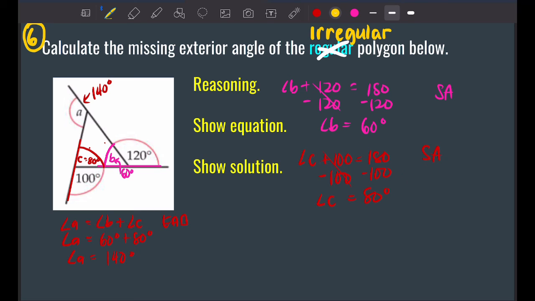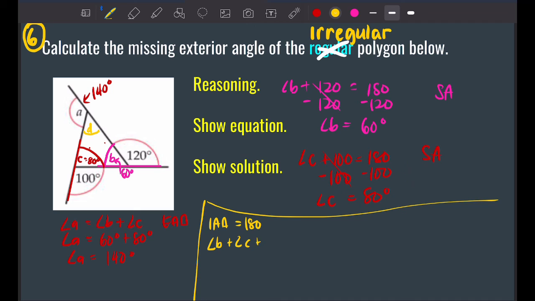Or I can use a second way. I can use the internal angle of a triangle equals 180. Let's name this angle D. That means angle B plus angle C plus angle D equals 180. Angle B is 60, angle C is 80, so 140 plus angle D equals 180.